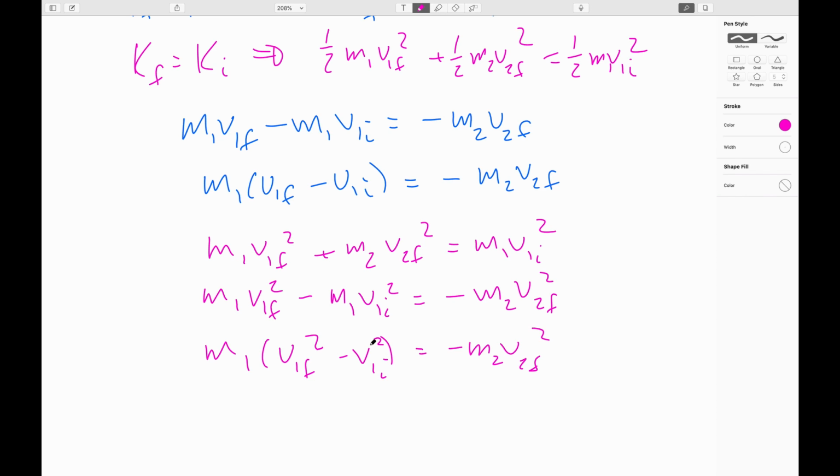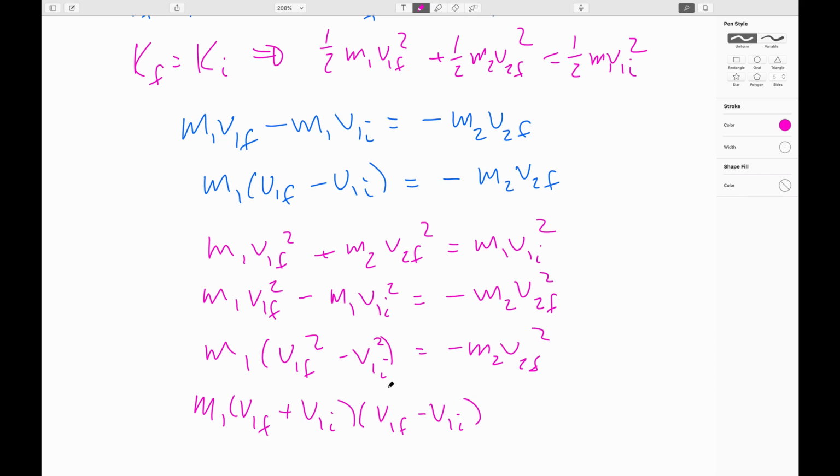When you factor that, that's going to be the one factor plus the other factor times the first factor minus the second factor. So this is going to work out to be M1 times (V1 final plus V1 initial) times (V1 final minus V1 initial). If you don't believe me, you can check it by just doing FOIL on this.